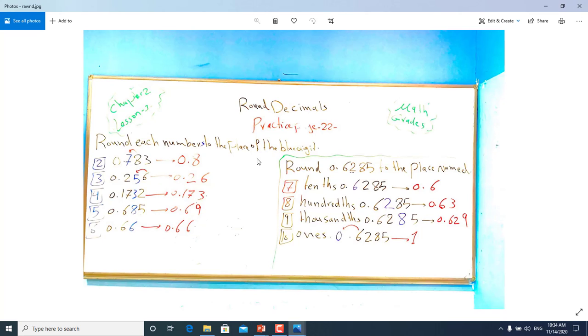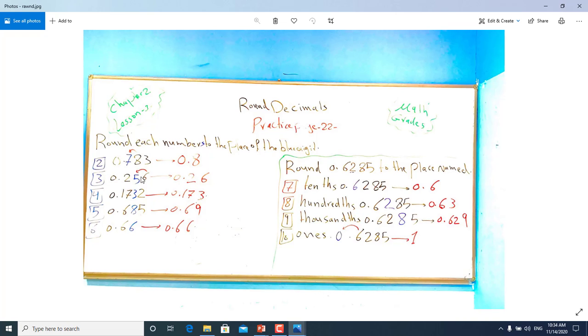Students, let us solve practice lesson 3, page 22, about round decimal. So we'll solve number 2 until 6. It's about rounding each number to the place of the blue digits. So from there we have 0.783. The 7 is the blue digit. It's from tenths place. So we round for the digit. Any number we have before the 7, we write again.